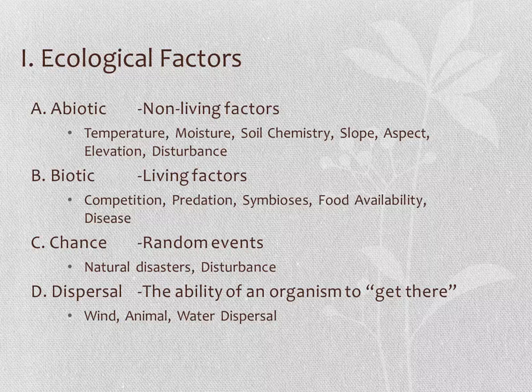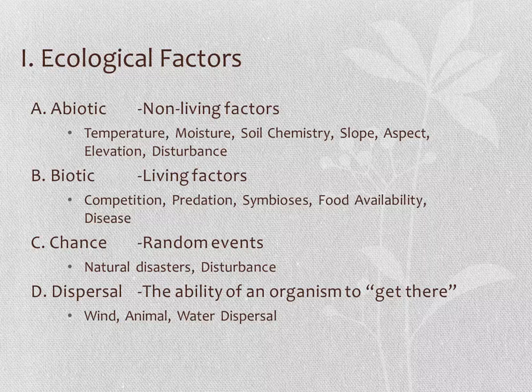Finally, the D stands for dispersal. In order for a species to be in an area, it has to get there in the first place. And this takes place via wind, animals, water, any number of means can lead to a species actually being in an area in the first place.